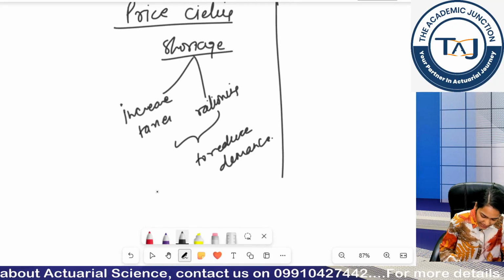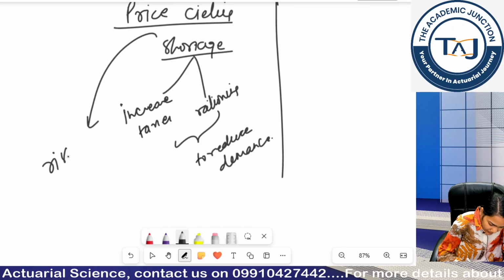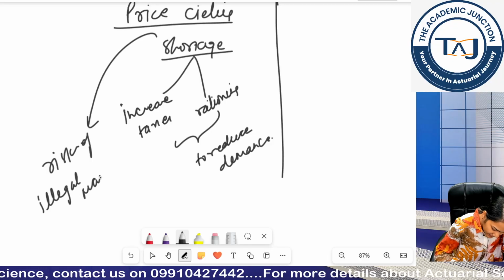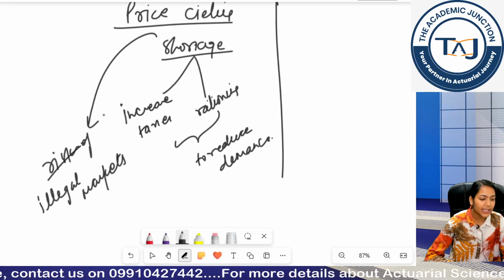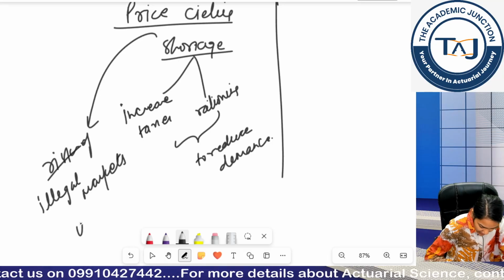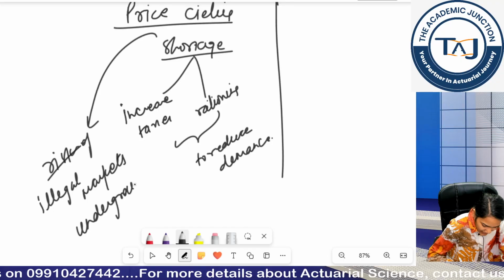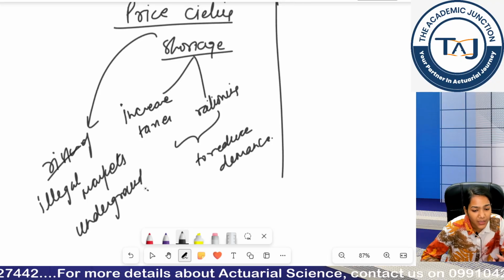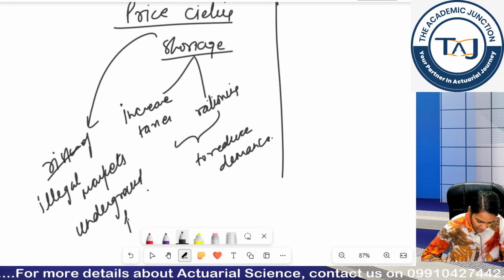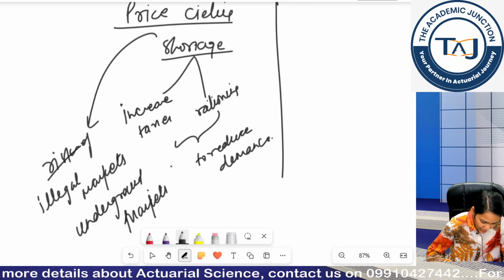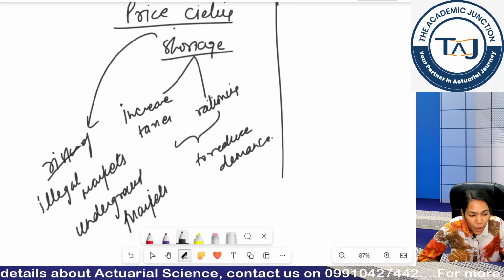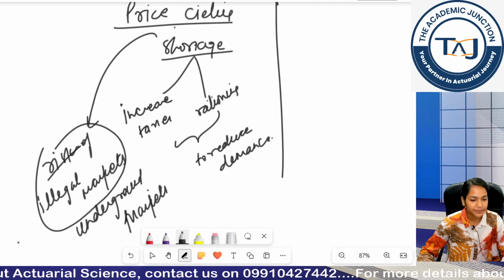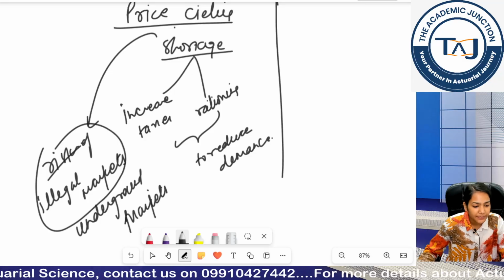However, there can be a risk of illegal markets, or underground markets, where people are still selling the products at a higher price than set by the government. So one risk of price ceiling, if not administered well, is the risk of illegal markets. Clear?